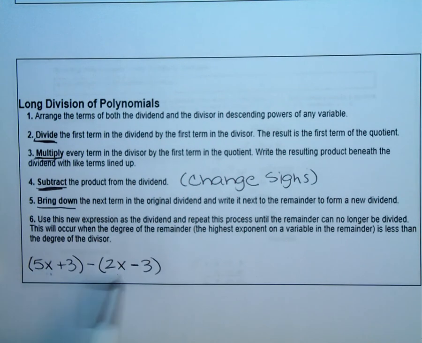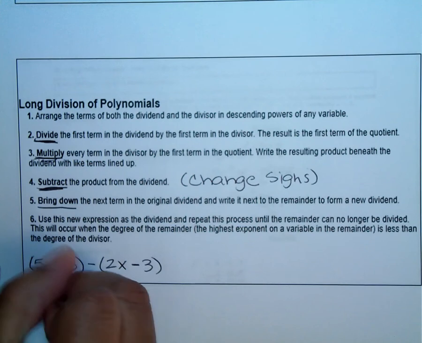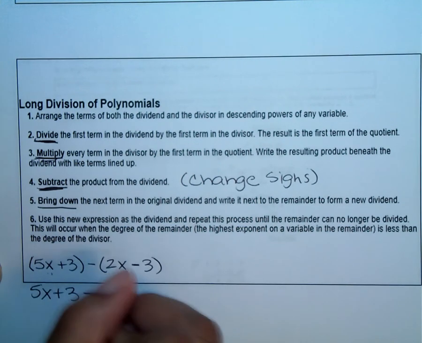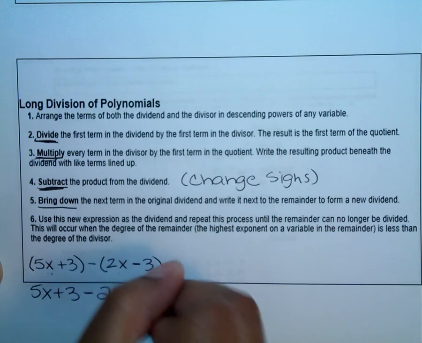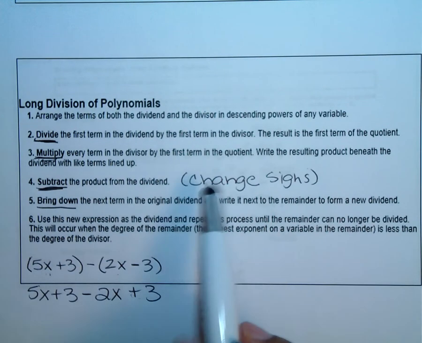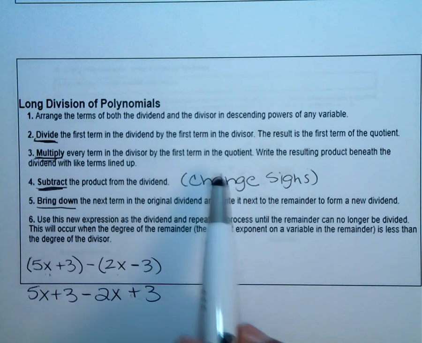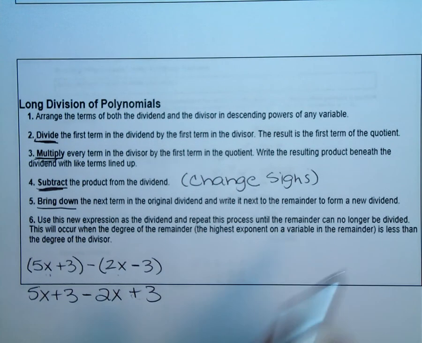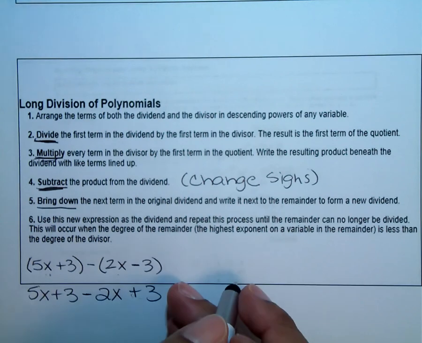But when we subtracted, the signs in this polynomial changed. So the 5x plus 3 stayed. And then this became a minus 2x. And this became a plus 3. Because my signs changed. When you're subtracting, you have to change your signs. I changed both my signs. So we have to keep that in mind when we're doing long division.